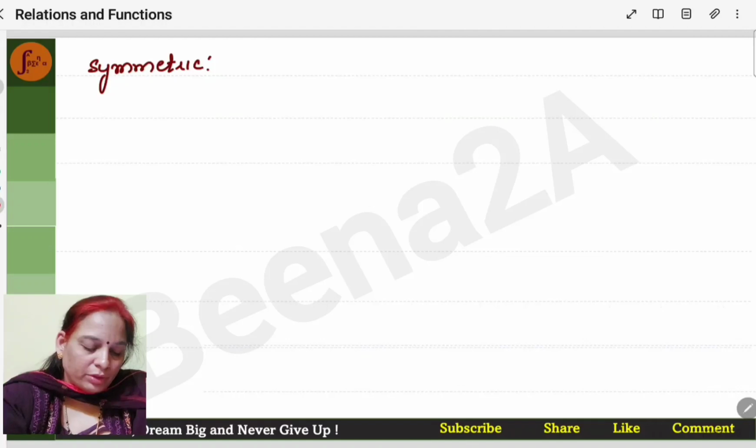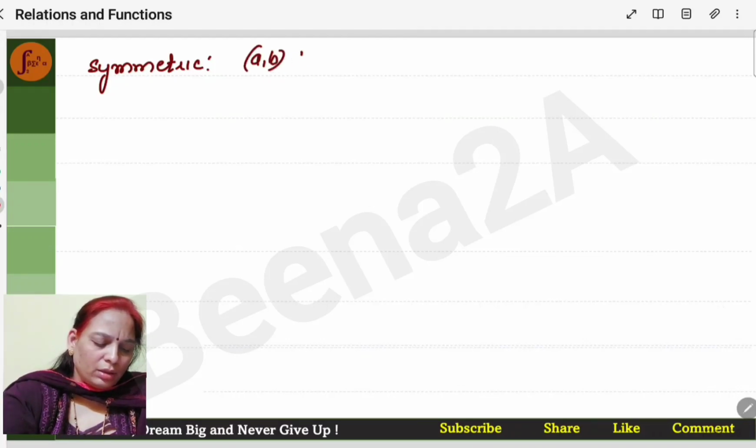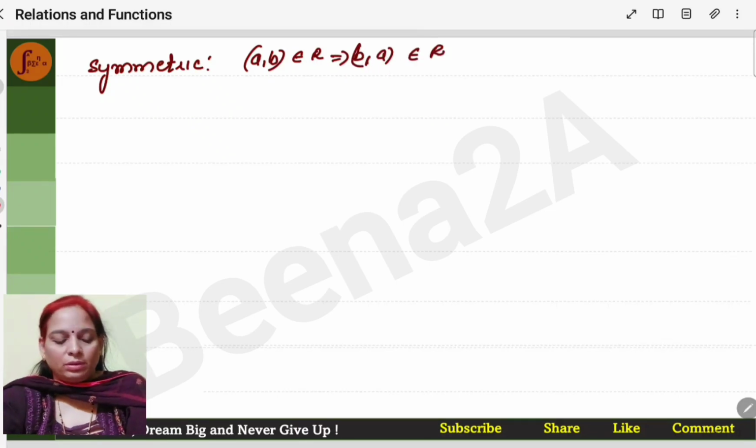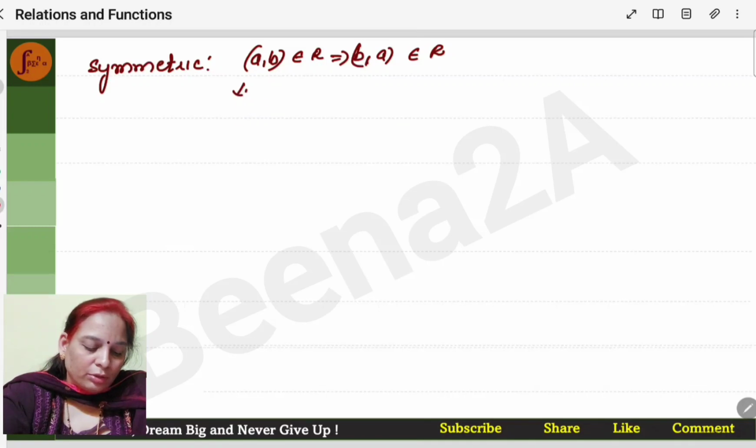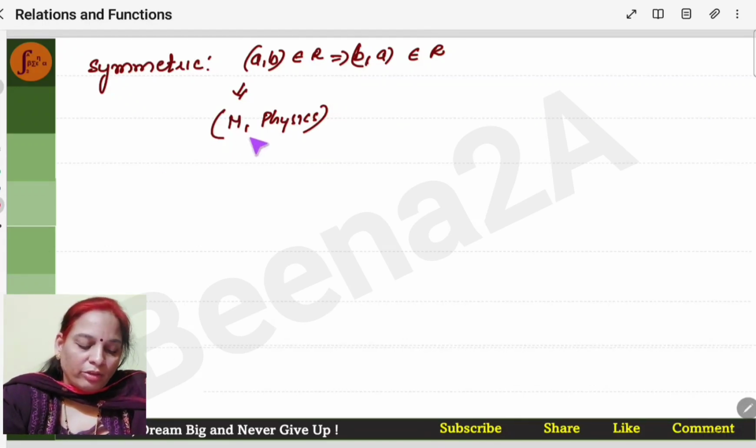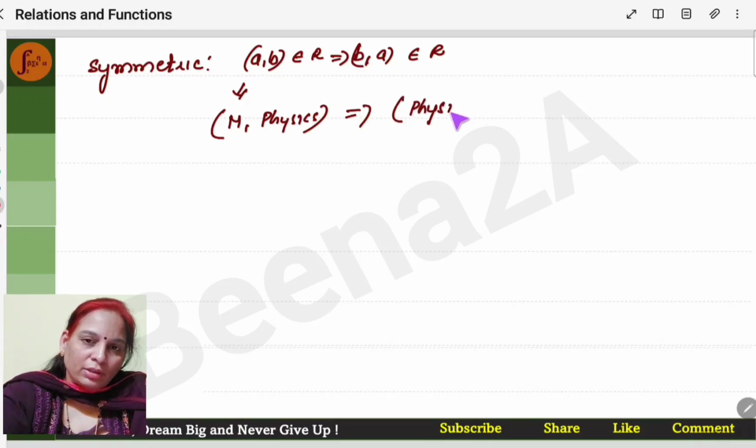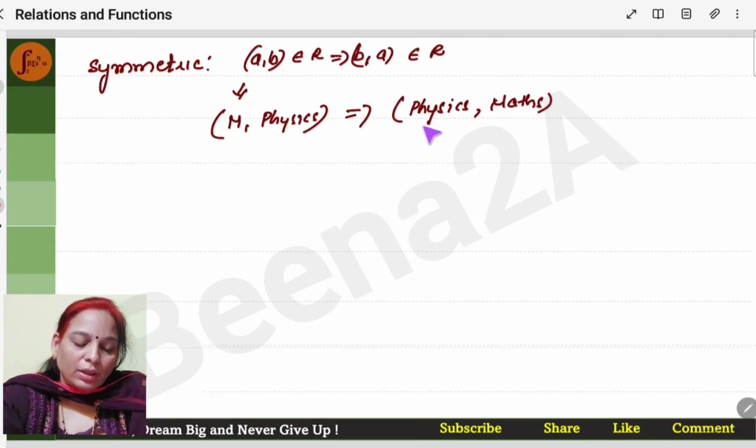Now we'll check if it is symmetric. What is the condition for symmetric? A comma B belongs to R implies that B comma A should belong to R. Let's take 2 books, maths and physics, and assume they have the same number of pages. I'll just reverse this to physics and maths, that is, B comma A. Can I say physics and maths also have the same number of pages? Obviously.